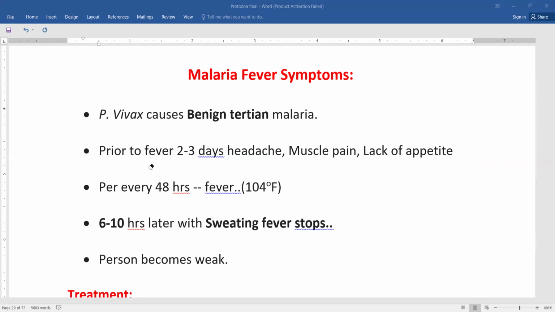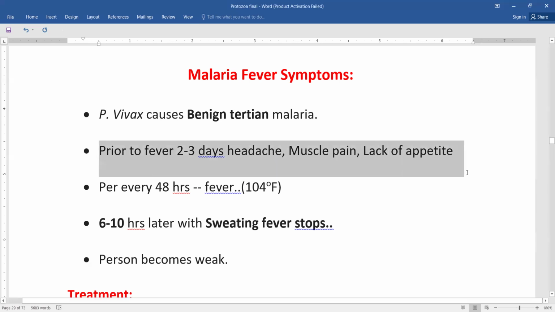Prior to the fever, for 3 days there is headache, muscle pain, and lack of appetite. These are the major prior symptoms.